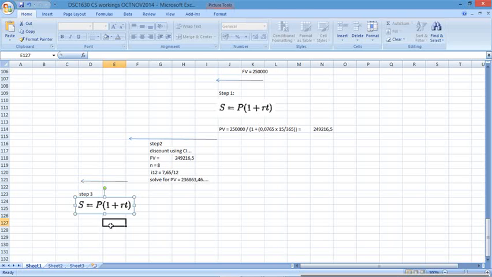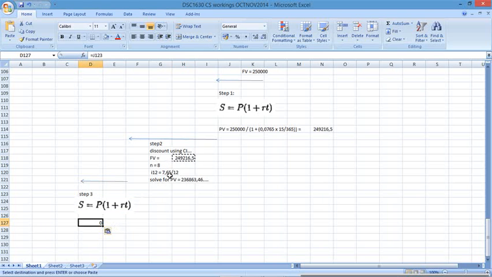So now I'm going to be taking a future value of this figure, my R in this question was 0.0765, times the time, which in this case was 24 days.